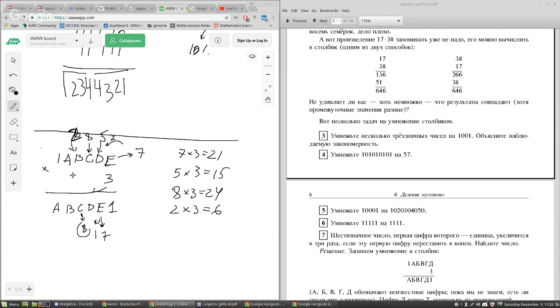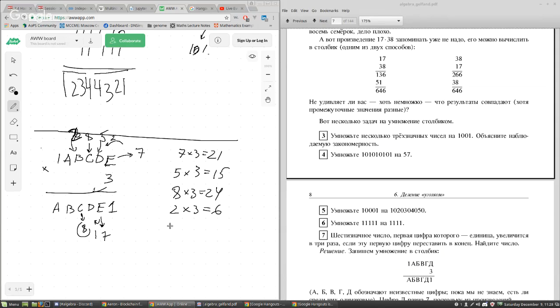Now B is 2. So now over here, some number times 3 is supposed to give me something whose unit digit is 2. Notice there's no more carry. We had a carry of 2, we put it in, we got 8. So some number here, some A, multiplies 3, and that number has a unit digit of 2.